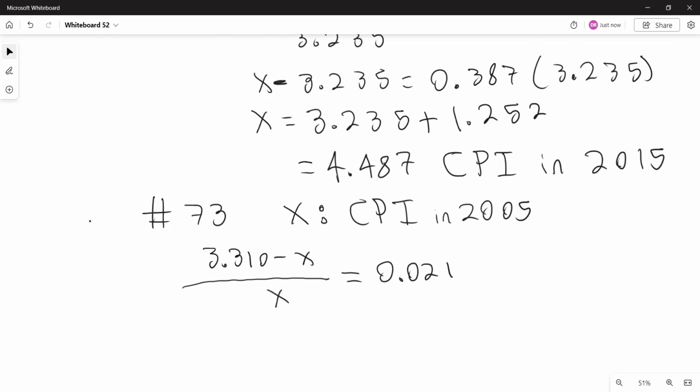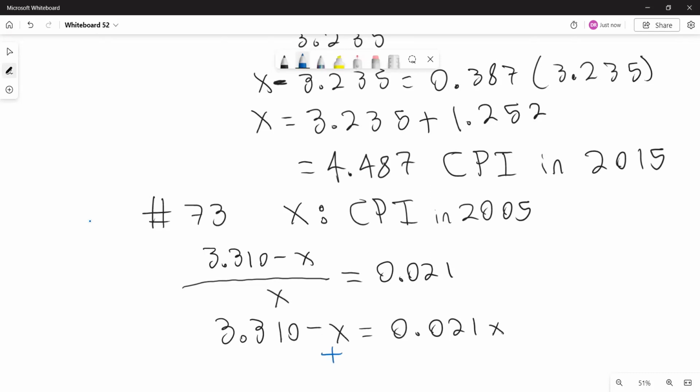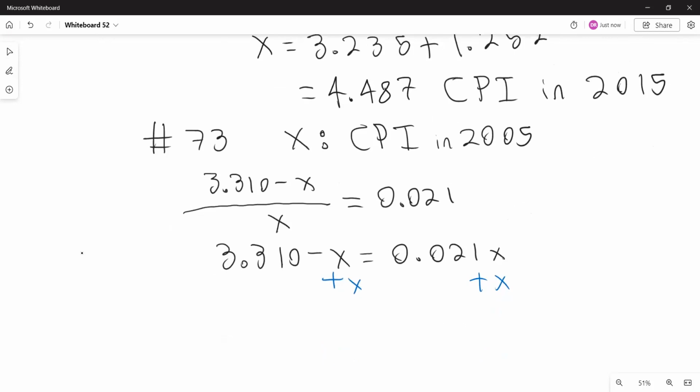Okay, so solve this equation. Add X to both sides. 3.310 is equal to 0.021 plus 1, which is 1.021, times X. And X is 3.310 over 1.021.